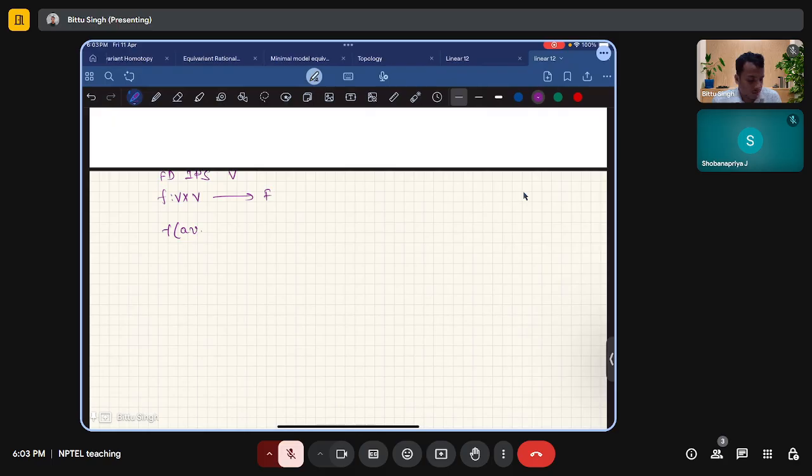If we write this combination a1 v1 plus a2 v2, and fix the second coordinate, this is the same as a1 f(v1) plus a2 f(v2).